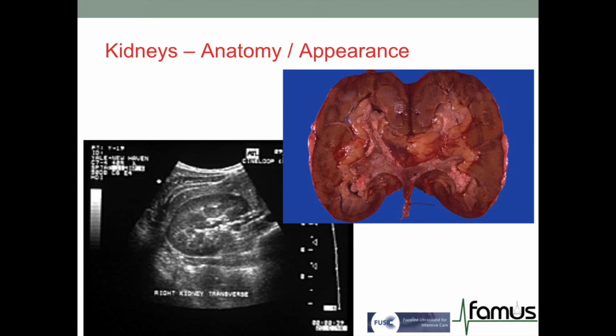Here is how it appears on an anatomic piece and the corresponding ultrasound image. So, less echogenic cortex and more echogenic, bright pelvis.